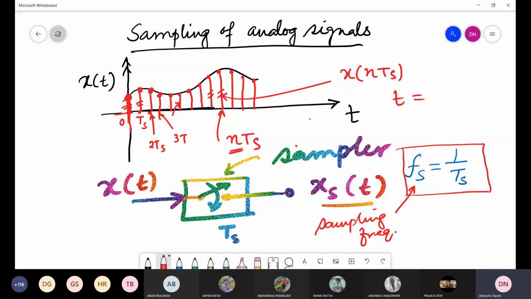Therefore, at T equal to NTS, you are computing the value of the signal. In place of T, you write NTS, and this is the sample value.